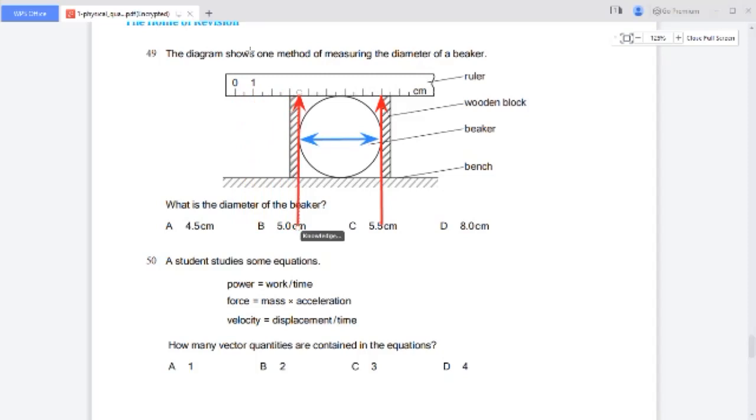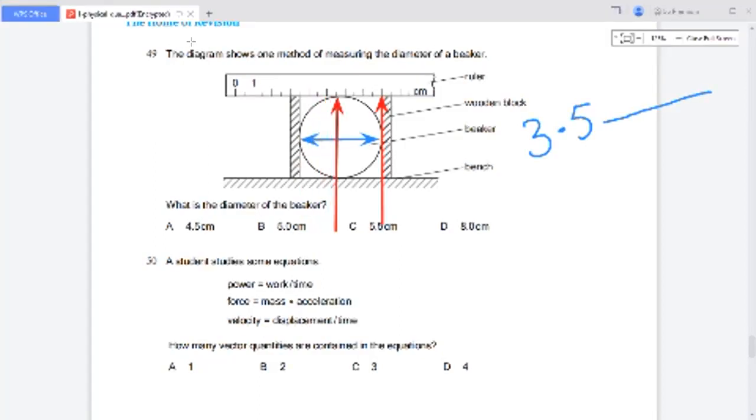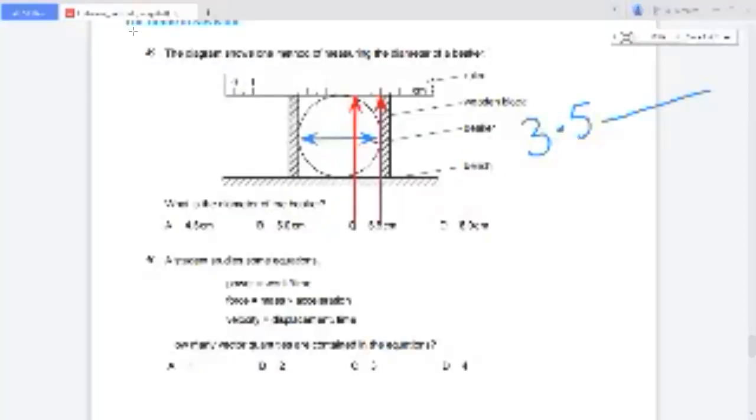So our starting point is 3.5 and our ending point is 4, 4.5, 5, 5.5, 6, 6.5, 7, 7.5 and 8.